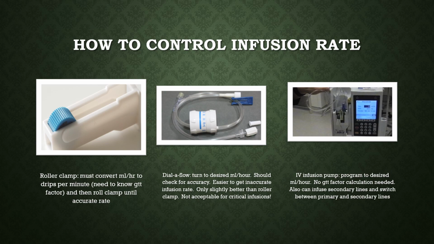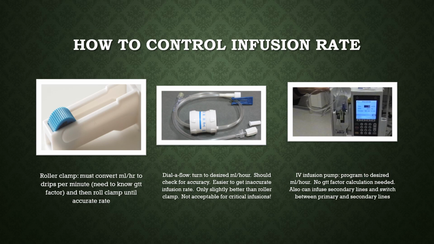We would not probably use a roller clamp to give any IV that has medication in it. If it's just fluid, like lactated ringers or saline, or D5 half normal saline, okay, maybe a roller clamp would be okay. But you certainly don't want to give medication because the rate is not accurate on a roller clamp. You also have to convert your drops per minute to mLs per hour.